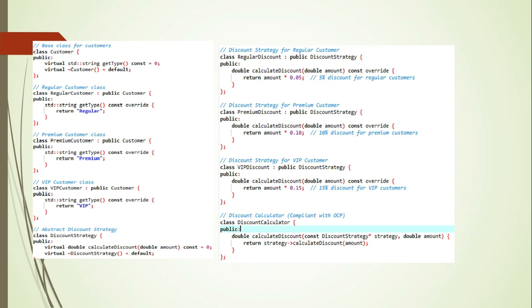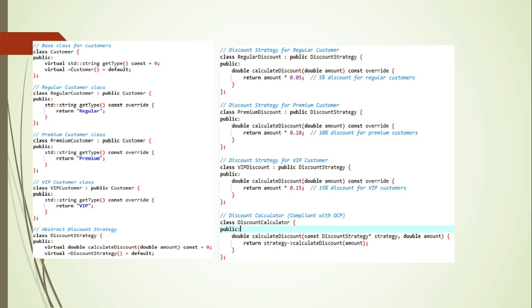When we see here we have three further classes: class RegularDiscount, PremiumDiscount, VIPDiscount. RegularDiscount is a discount given to regular customers, PremiumDiscount is a discount given to premium customers, and VIPDiscount is given to VIP customers, and so on.